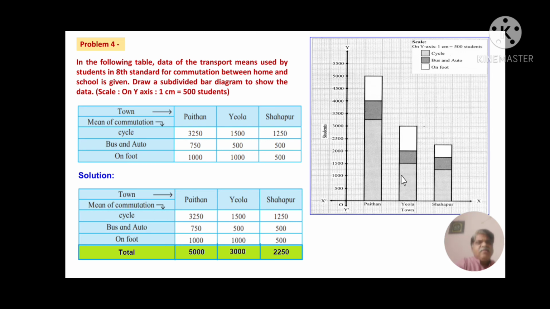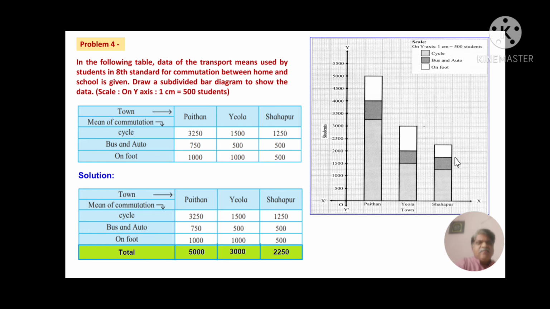Let us see this for Evla. This is the total students, 3000. They are present in the 8th class in the Evla town. Out of these, some 1500 students are coming on the cycle, whereas some 500 students use bus or rickshaw, and the remaining 1000 students are coming by foot.